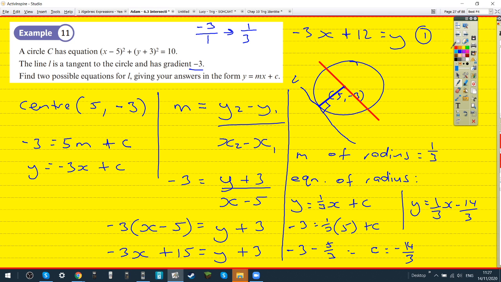Okay, so we have to find the coordinates of this point here. How do we do that? That's where the circle meets the tangent. Yeah. And it's also where the radius meets the circle.